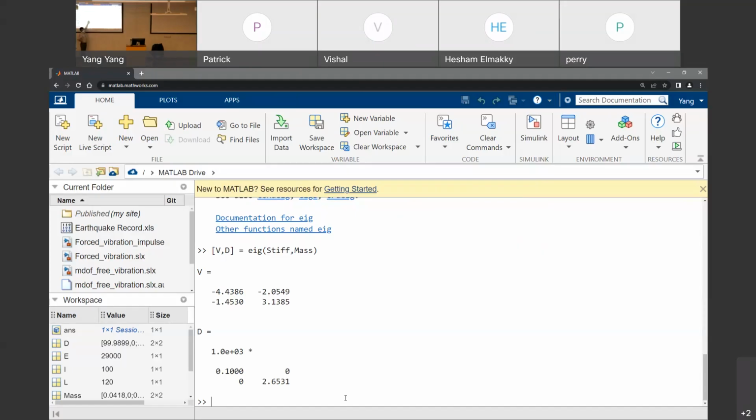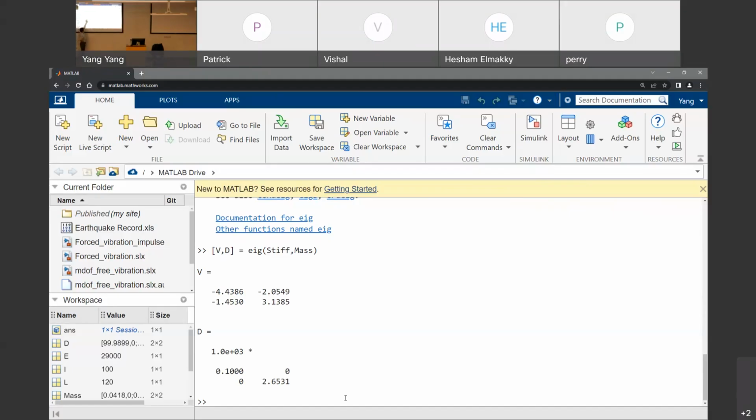But how about the eigenvectors here? Those numbers look so different from what we have, right? But please keep in mind that the mode shape numbers only show the ratios of the displacement for the two masses here.